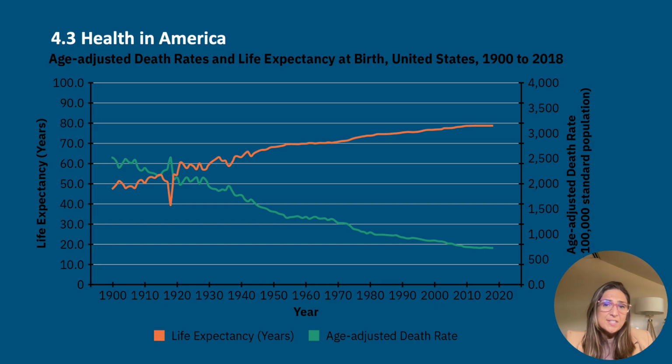And then infectious diseases were the leading cause of death in the early 1900s, and we saw improvements in sanitation and nutrition and the development of antibiotics, and all of these led to a sharp decline in deaths from infectious diseases. Chronic diseases then emerged as the primary cause of mortality. And then following decades of increases, life expectancy in the United States is now falling again.